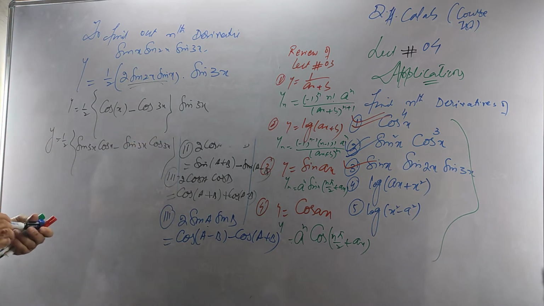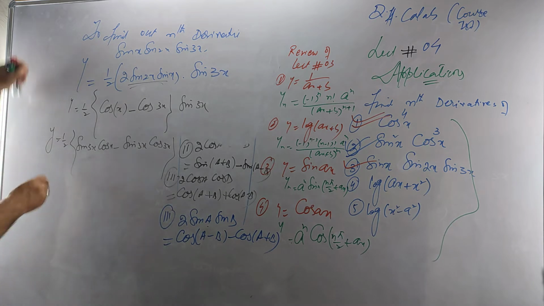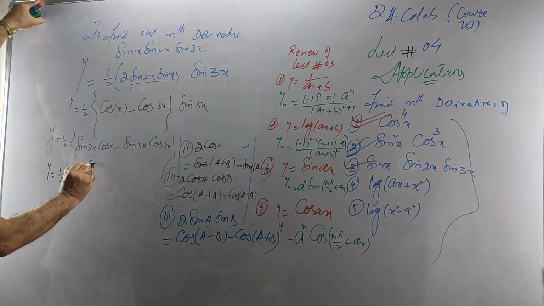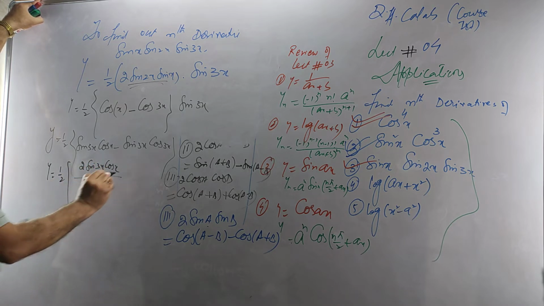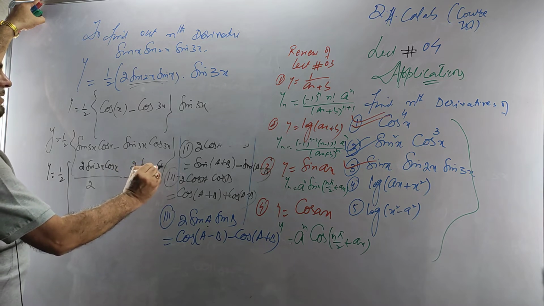Again you have the product of two trigonometric functions; you can convert it into sum. You write y is equal to 1 by 2 out, twice sin 3x cos x by 2 minus 2 sin 3x cos 3x by 2.